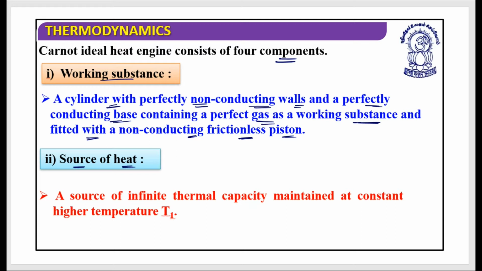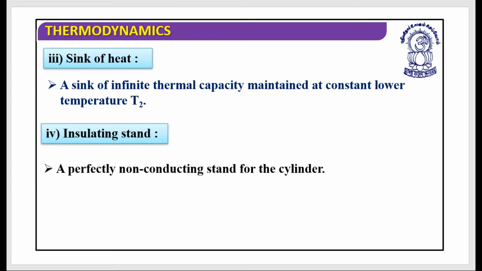Second is the source of heat. It is a source of infinite thermal capacity which is maintained at a constant higher temperature, that is what we call T1. Next is the sink of heat.